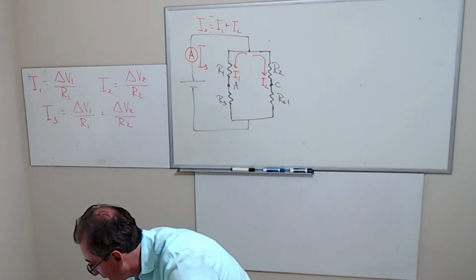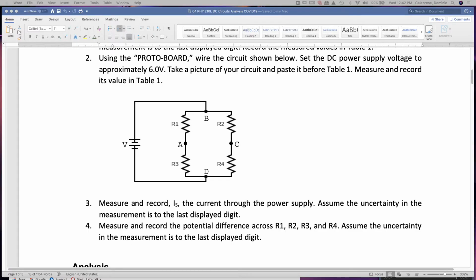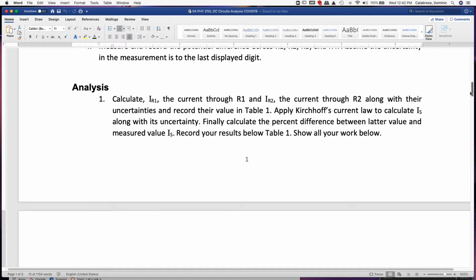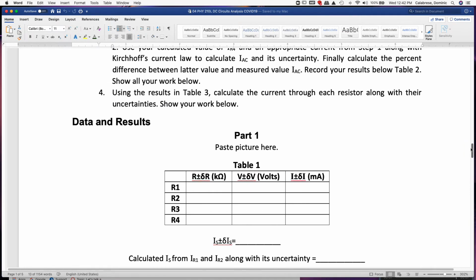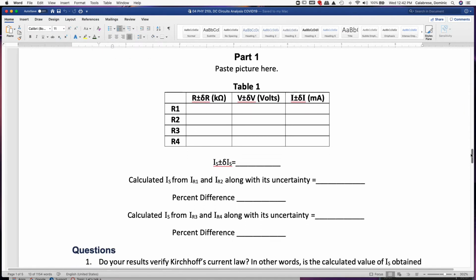So let me go to your document. Let's go to table 1. Here's table 1. And in table 1, you'll notice that there's a R plus or minus delta R, a V plus or minus delta V, and a I plus or minus delta I. How am I going to get the uncertainty in the resistance?